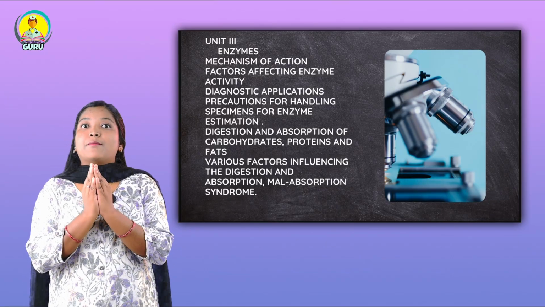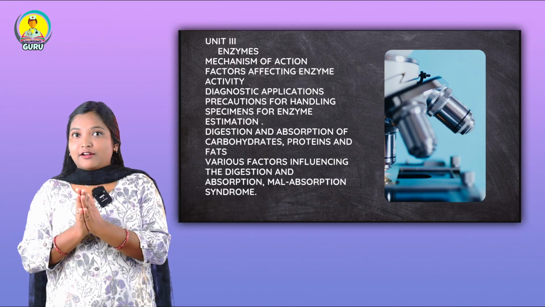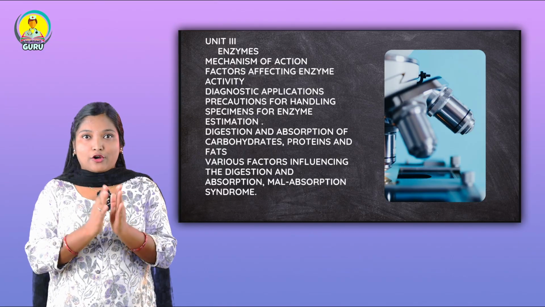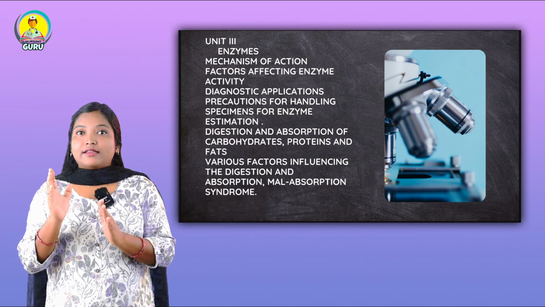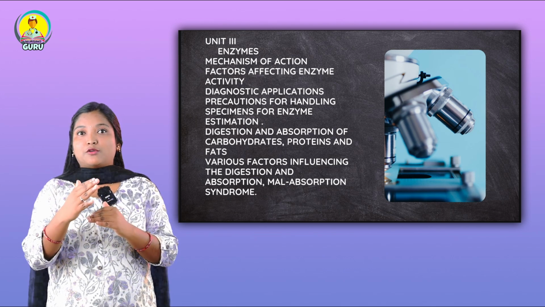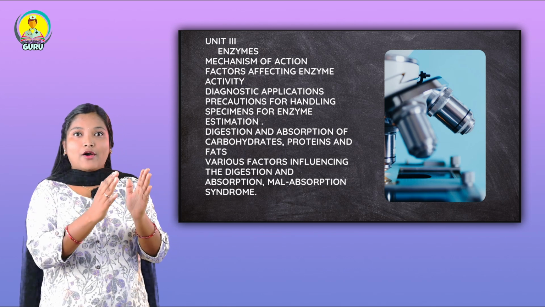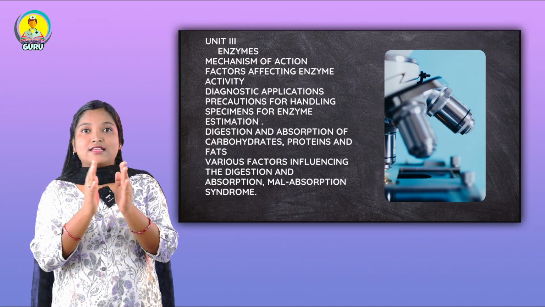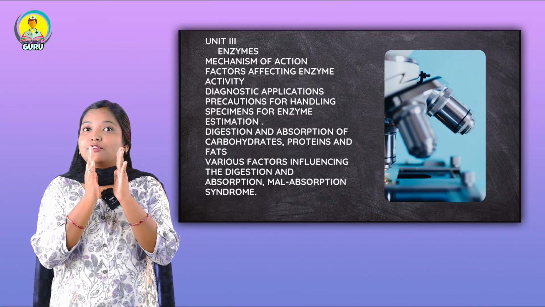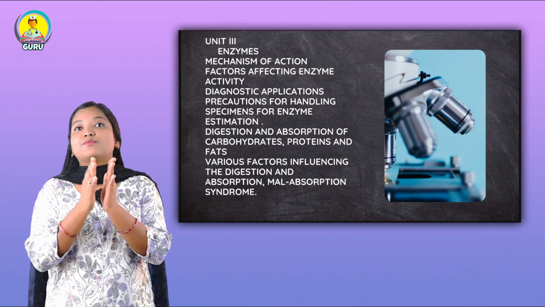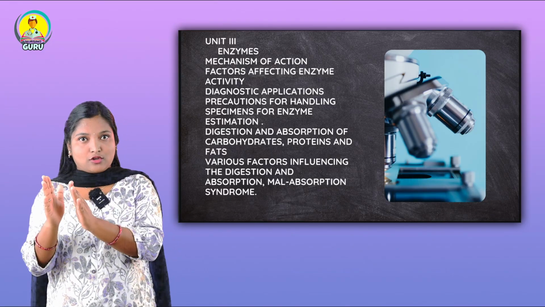You just remember you have to study this particular topic, the digestion and absorption of carbohydrates, proteins and fats, various factors affecting and influencing the digestion and absorption, and we are going to study the malabsorption syndrome also in this unit. Listen, in this unit you have to focus on carbohydrates, proteins, fats, digestion and absorption.